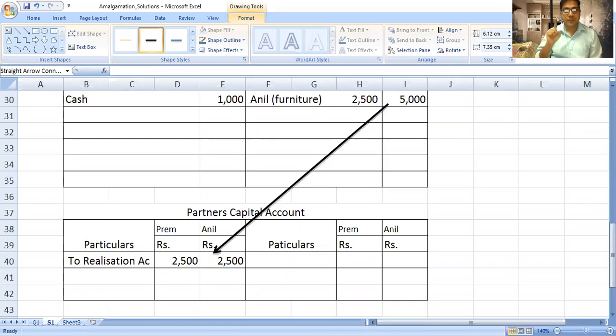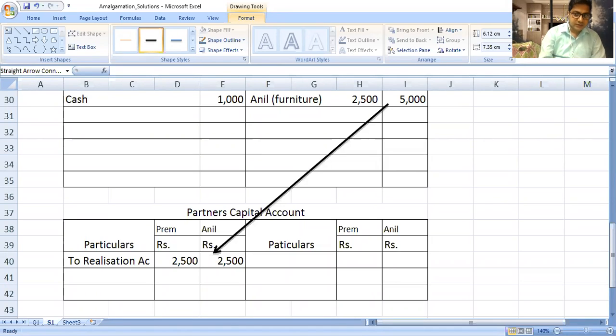If the liability is paid, the entry is realization account debit to cash or bank account, and if it is taken over by the partner, realization account debit to partner's capital account. In our problem no information is provided about liabilities not taken over by the new firm, therefore this kind of entry is not considered in this solution.